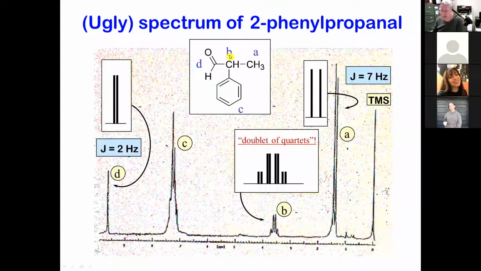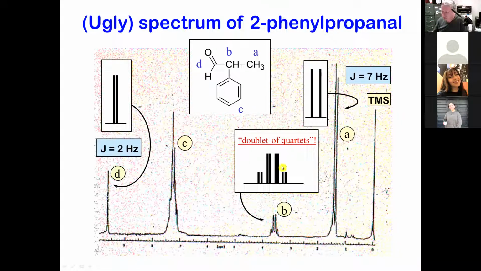And so it's confused. And it actually gets expressed as a doublet of quartets. So basically it's like a quartet, but every leg of the quartet is a doublet. Isn't that weird and kind of cool?